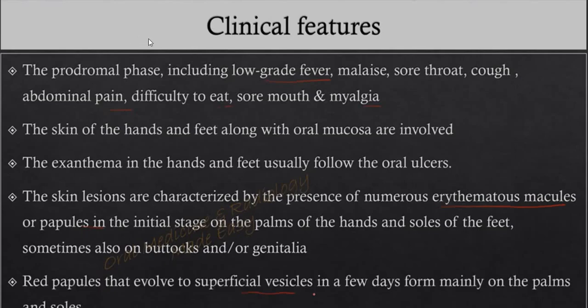As far as the clinical picture is concerned, there is a prodrome phase in which you get low-grade fever, malaise, and signs of sore throat in the form of cough, pain, ulcers. Some children can complain of abdominal pain, and because of oral ulcers, difficulty in eating, sore mouth, and general body ache in the form of myalgia.